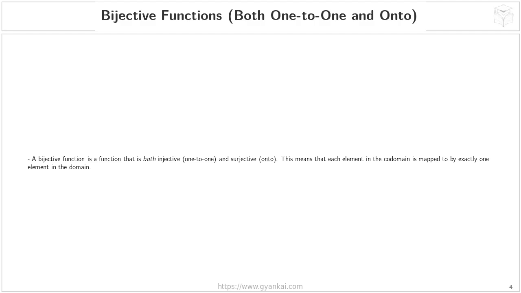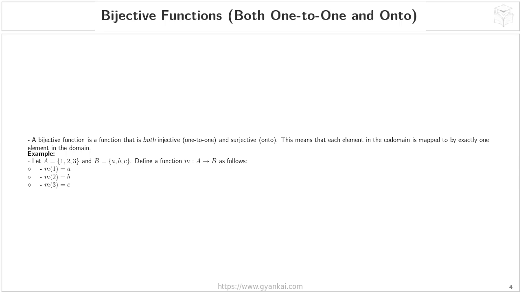Let's move on to the final type of function we'll be discussing, bijective functions. As you can see from the slide, a bijective function is simply a function that possesses both the properties of injective and surjective functions. Remember, we just learned that an injective function, or one-to-one function, ensures that each element in the codomain is mapped to by at most one element in the domain.